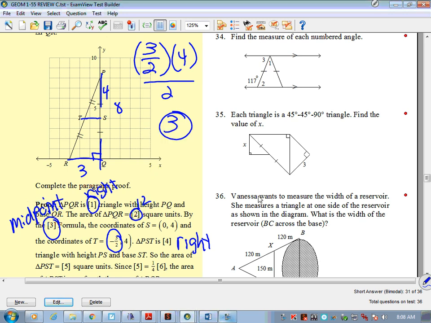All right, let's see what we can do with the rest of this. So the area of triangle PST, which we already found, is 3. That's what we're seeing there in 5. Let me find my marker. So we can put that 3 right there.